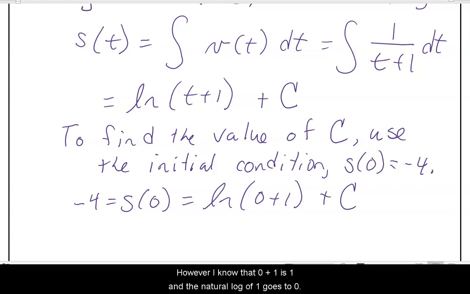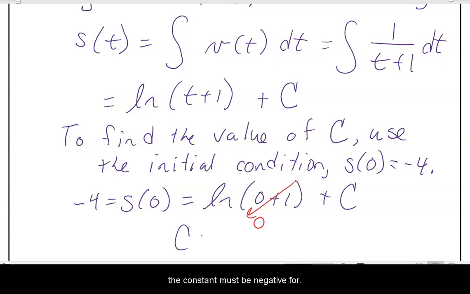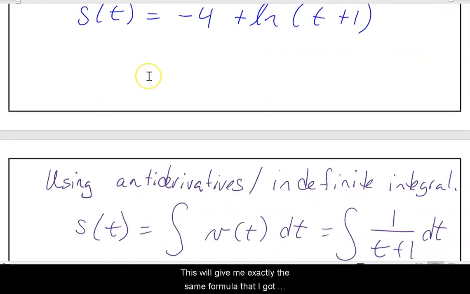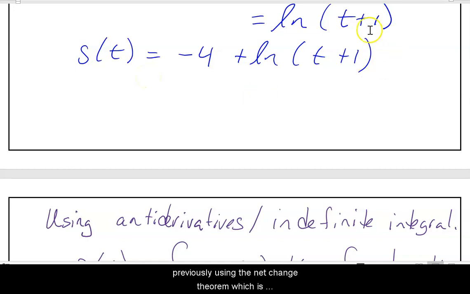However, I know that 0 plus 1 is 1, and the natural log of 1 is 0. Because of that relationship, the constant must be -4. This will give me exactly the same formula that I got previously using the Net Change Theorem, which is here as you see above.